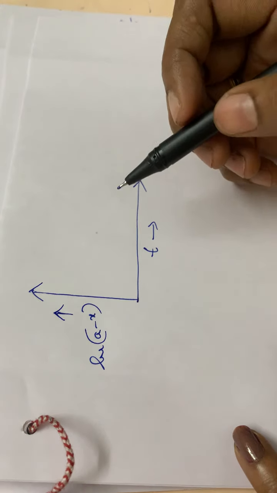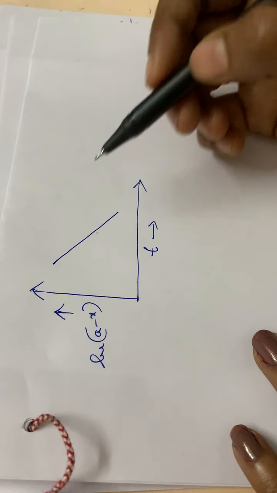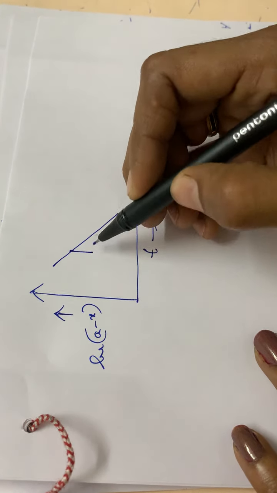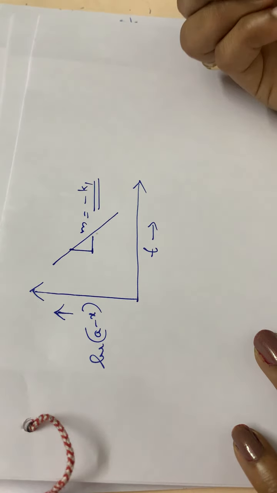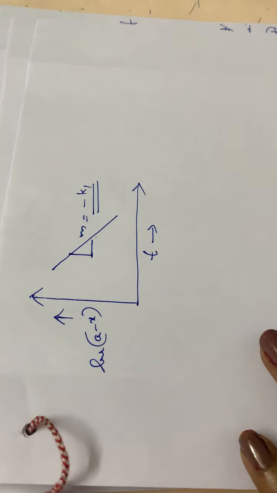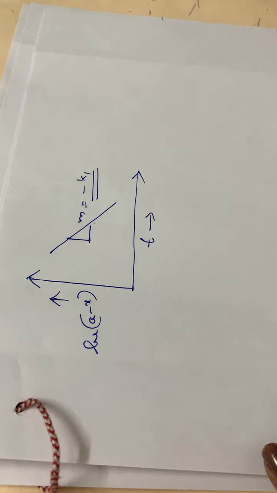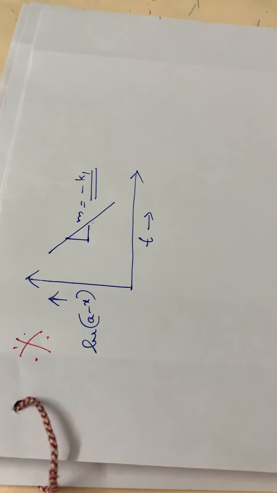It is a negative slope and it will be like this, isn't it? It will be decreasing. So the slope of this reaction, m, will be equal to minus k1. So this is the first case, for a first order reaction. This graph is also very, very important. You have to draw the graph also if this question is asked.